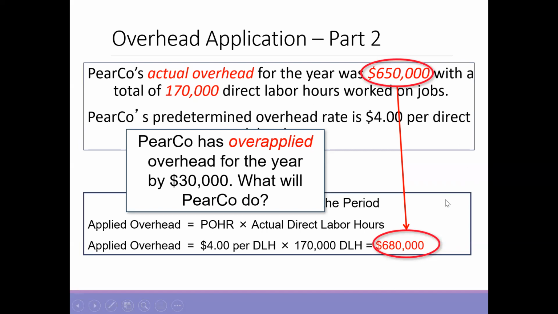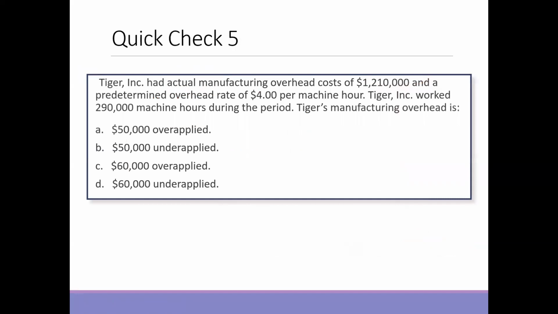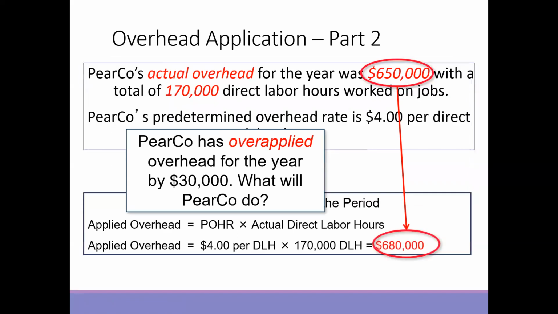So we had applied 680, which means we've overapplied the manufacturing overhead cost by 30,000. So what do we do when we overapply it? We will have to create a journal entry to reduce those manufacturing overhead costs, or the cost of the goods.